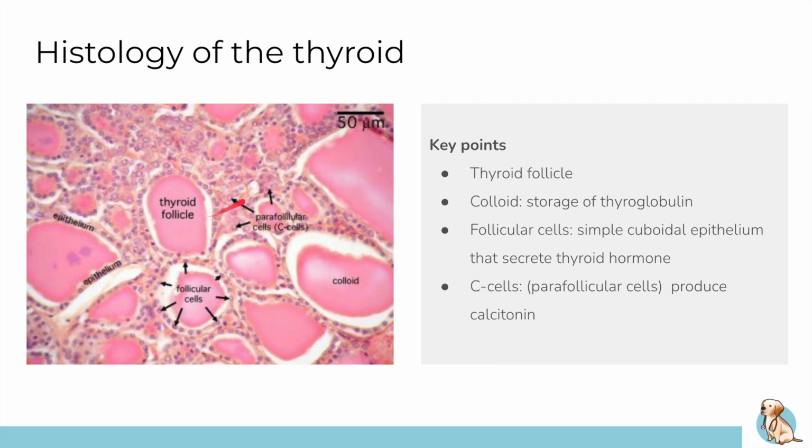Now around these follicles, we also have these parafollicular cells, which are called C cells, and produce calcitonin. A way to remember this is para means next to, or C stands for calcitonin. Calcitonin, which we'll talk about later, lowers the calcium levels in the blood.